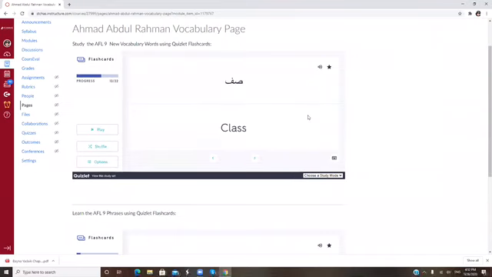Suf, class. Darastu, another past tense verb conjugated for ana. The root letters are darasa. We've seen it before, yadrusu, dirasa, etc. But here we have ta with dhamma, darastu.